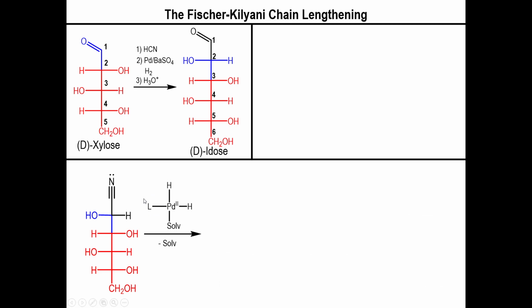If you don't, then the solvent that you use for the reaction occupies that spot instead of a ligand. But pretty much this palladium undergoes a ligand exchange. So the nitrile replaces the solvent. One molecule of solvent dissociates from the palladium, and your nitrile binds to the palladium.